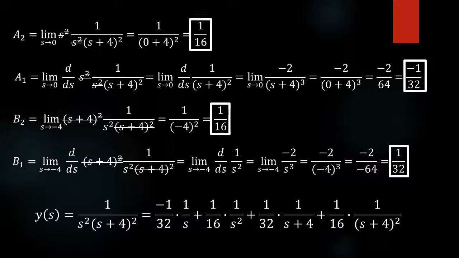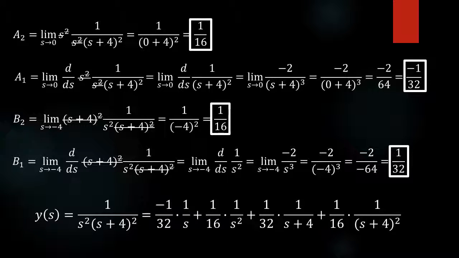To obtain the value of A2, we can apply the limit when s tends to 0 of s² times the partial fraction. The terms of s² are eliminated, and then we apply the value of 0 in the s, and we obtain that the value of A2 is equal to 1 over 16.